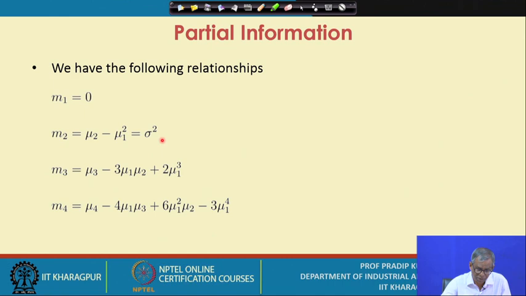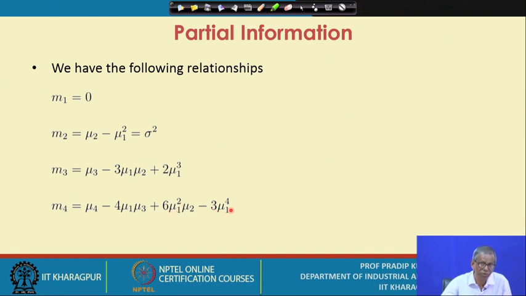It is essentially the second moment around the mean. What is m3? m3 is mu3 minus 3 mu1 mu2 plus 2 mu1 cube.